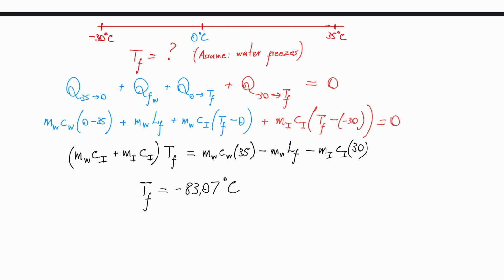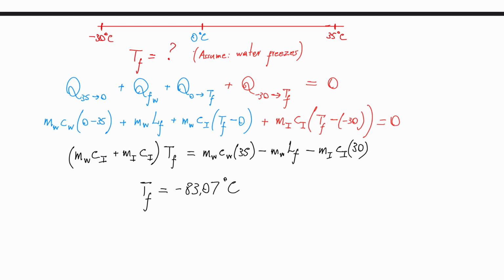Now the frozen water will go from 0 degrees, which is the freezing point, to the new final temperature, the thermal equilibrium point. So that's what the water will undergo. Now let's consider the ice. Well, we have by assumption determined that the ice will not melt, so it won't undergo phase transition. So the ice will go from -30 to T final. So our change is TF minus -30.